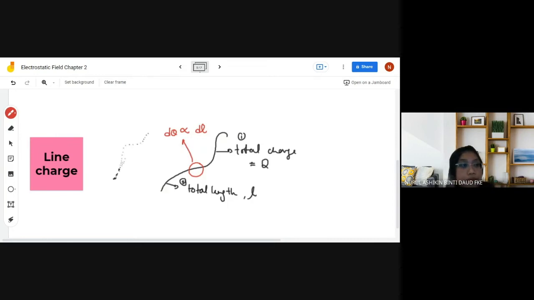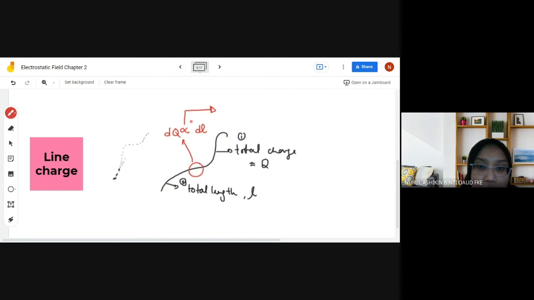So now, let's look at this in mathematical form. So dq. This is q, sorry, it looks like theta, but it is q. Sorry for my handwriting. So dq is proportional to dl. How do we make it a mathematical form? We can rewrite it as an equality.